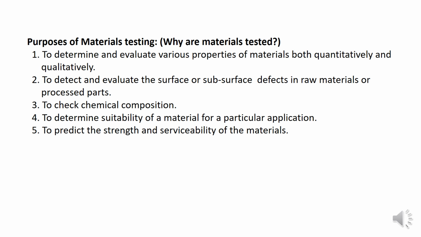Second purpose is to detect and evaluate the surface or subsurface defects in raw material. Third one is to analyze the chemical composition of the various specimens, because every specimen has different chemical composition and also physical properties.